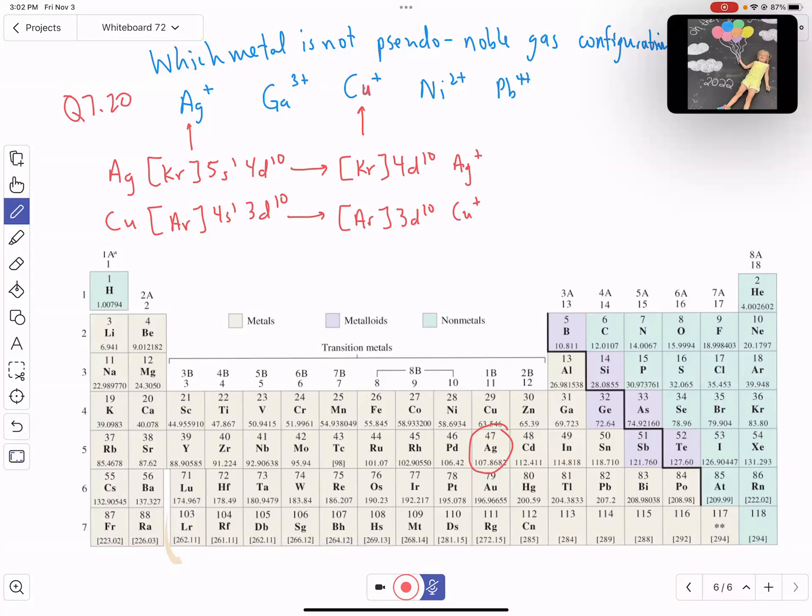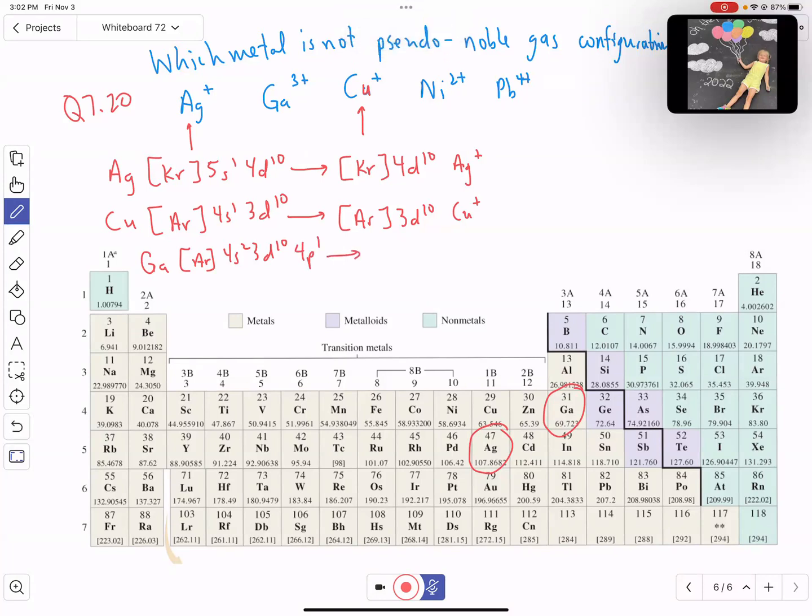We can look at gallium as well. Gallium is over here. Gallium would be argon 4s2 3d10 4p1.